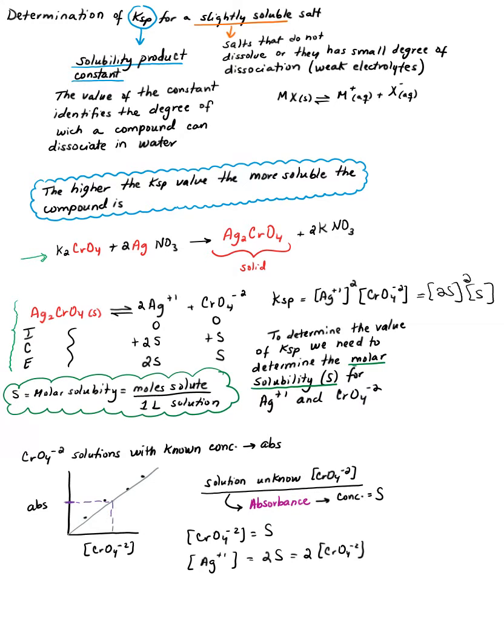From your line, now you move to the x-axis where you have the concentration of chromate, and that's how you determine the concentration of your chromate ion in your solution, the one that we're preparing with my solid silver chromate. We're actually trying to dissolve that silver chromate to get the chromate ion in solution. We determine the absorbance, and now we're using that absorbance to find out the concentration of that chromate ion in the solution.